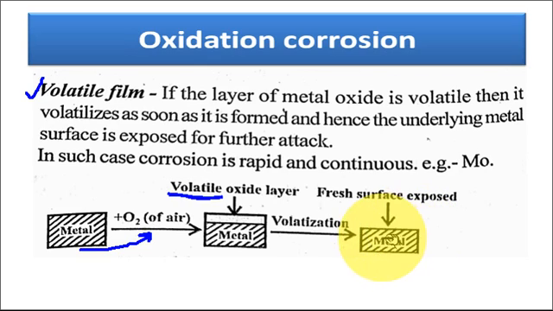So the next layer will be oxidized, and as metal oxide is formed, it is again evaporated and the next fresh metal layer is exposed. So in such cases, the complete metal gets corroded. For example, in the case of molybdenum, a volatile oxide layer is formed and the complete metal gets corroded.